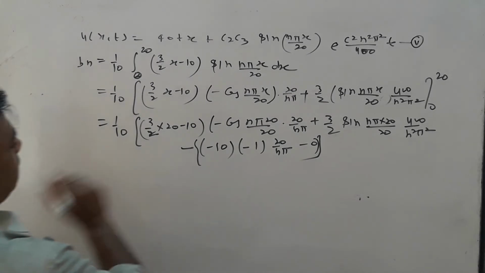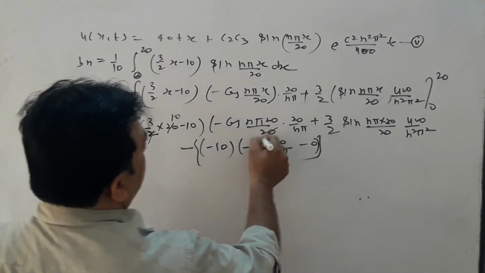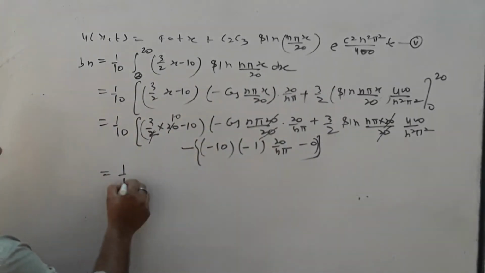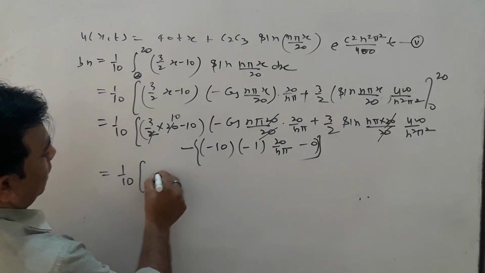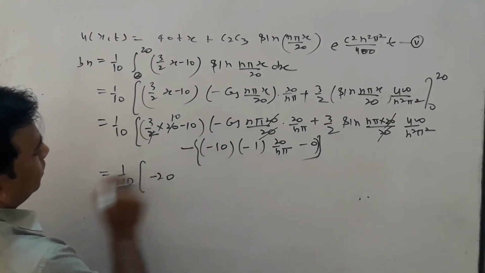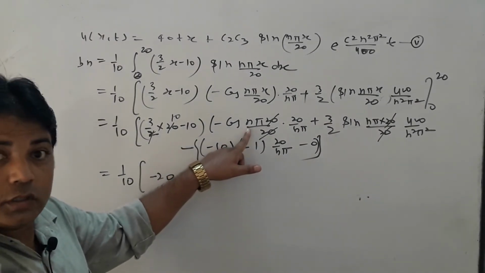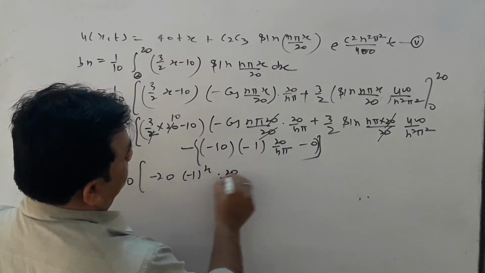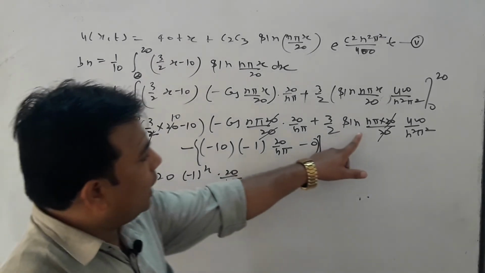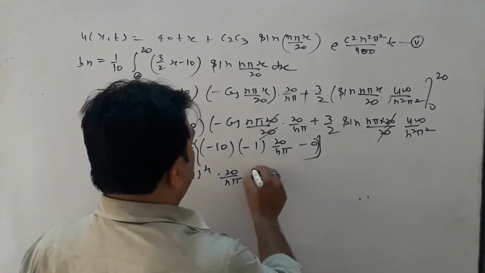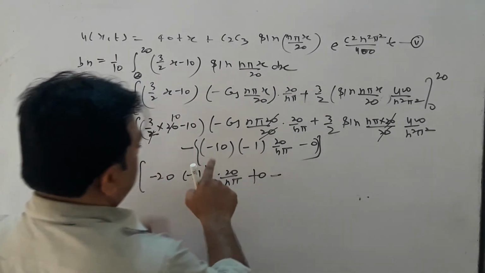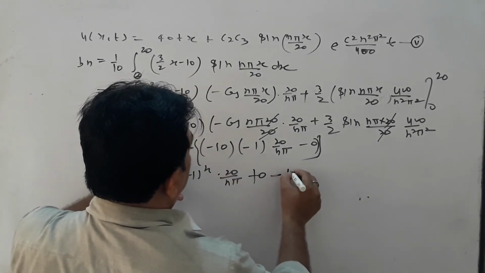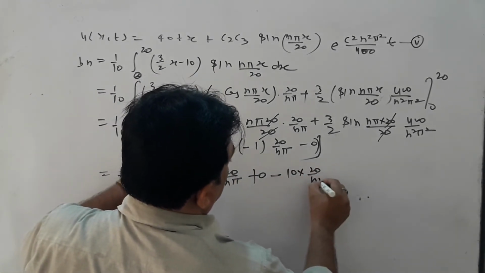You can see that 20 and 20 cancel, 20 and 20 cancel. 1 by 10, 30 minus 10, 20, but with minus sign, that is minus cos n pi, whose value is minus 1 to the power n, so 20 upon n pi. Again sin n pi is also 0. Minus and minus, sorry, minus plus, and again minus 10 into 20 upon n pi.